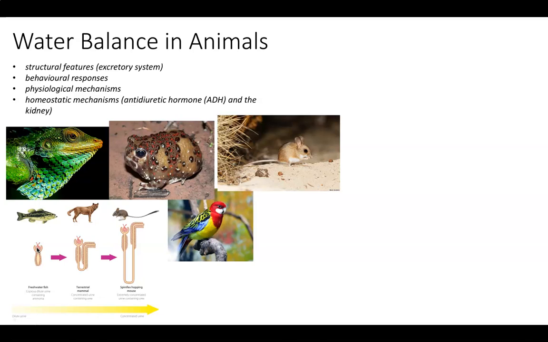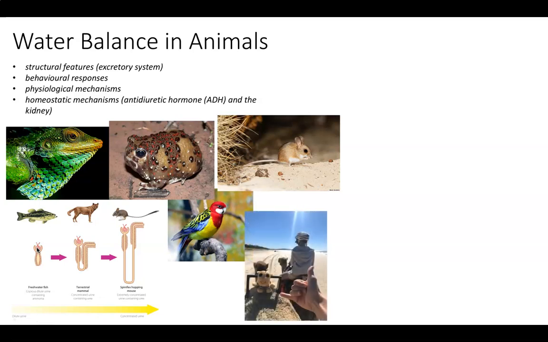So physiological mechanisms are, instead of choices, mechanisms that happen inherently. For example, camels. This was when I went riding on a camel recently. Camels are really cool creatures.